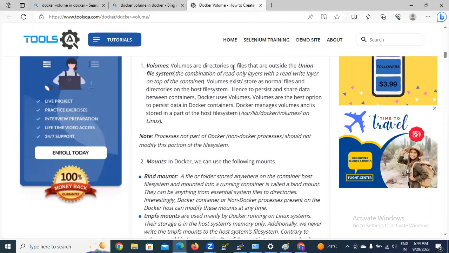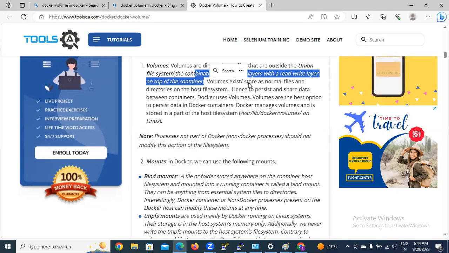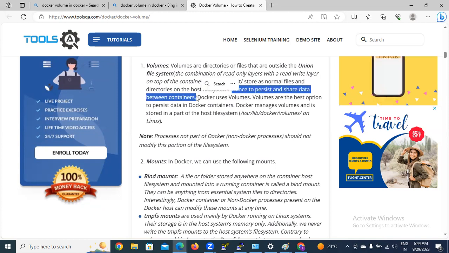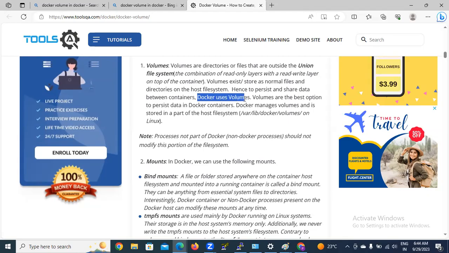Volumes are directories or files outside the union file system, which combines the read-only layers on top of the container. A volume is stored as a normal file and directory on the host file system, and Docker uses volumes to persist and share data between containers.